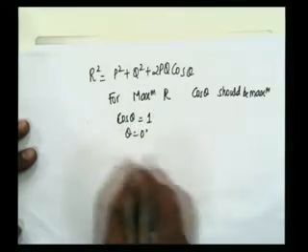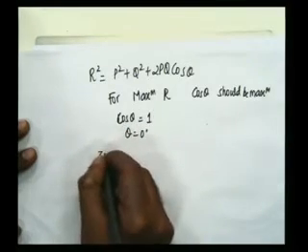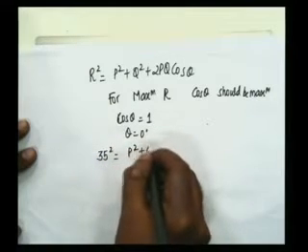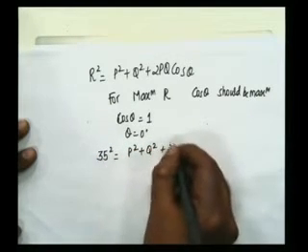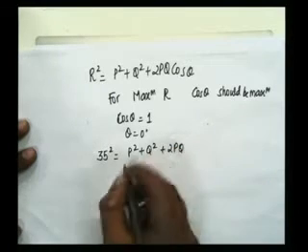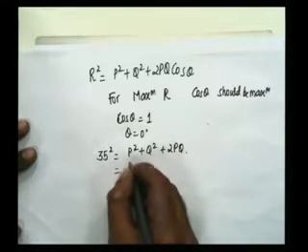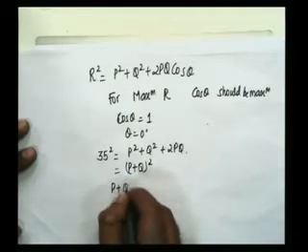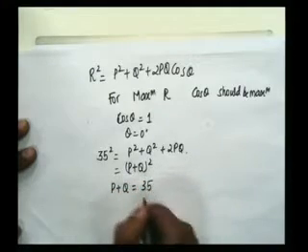So if we substitute here, we have 35 square is equal to P square plus Q square plus 2PQ. So this is equal to P plus Q the whole square. So we can say that P plus Q is equal to 35.